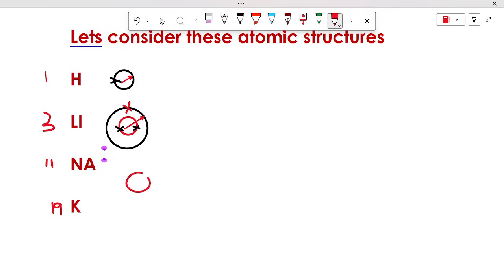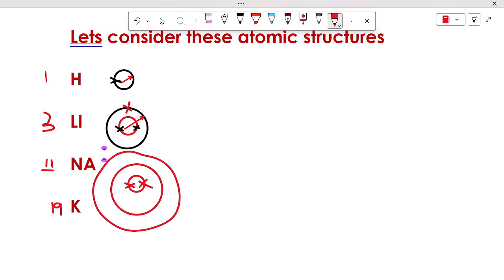Let's draw sodium, number 11. I will draw a small shell and put 2, then I'm remaining with 9 out of 11. I draw another shell.